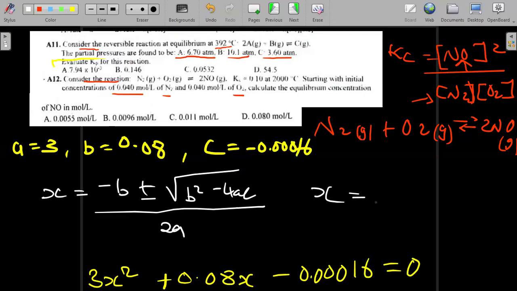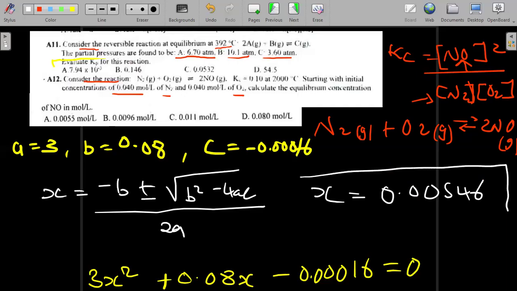So you only consider the positive one. The positive one that you're going to get will just be 0.00546. So this here is how much the initial concentrations are reduced by. They were reduced by this much. So now going back to our question, they said they want us to find what?